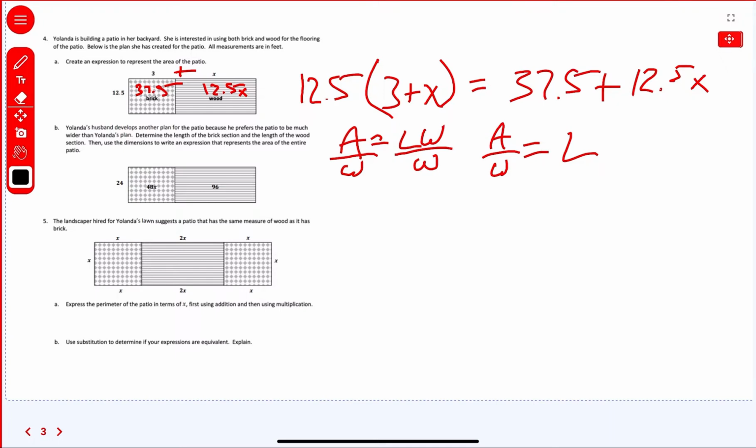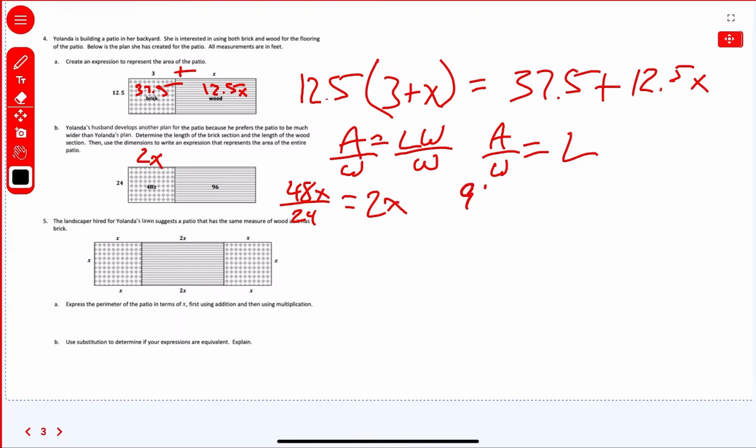So let's take, what is that, 48x? 48x divided by 24 gives you what? 2x, correct. That is 2x. So up here we would write 2x.